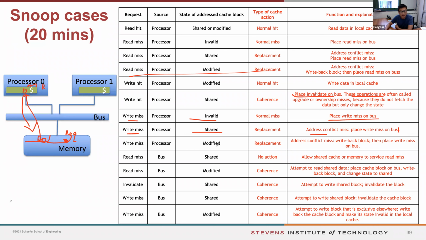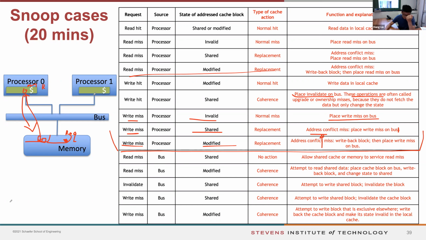If you have modified and a write miss, it's the same as the one above, but the data is valid, so you have to write the data back, then place a write miss on the bus. Up to here we discussed the cases where you are actively sending data on the bus.